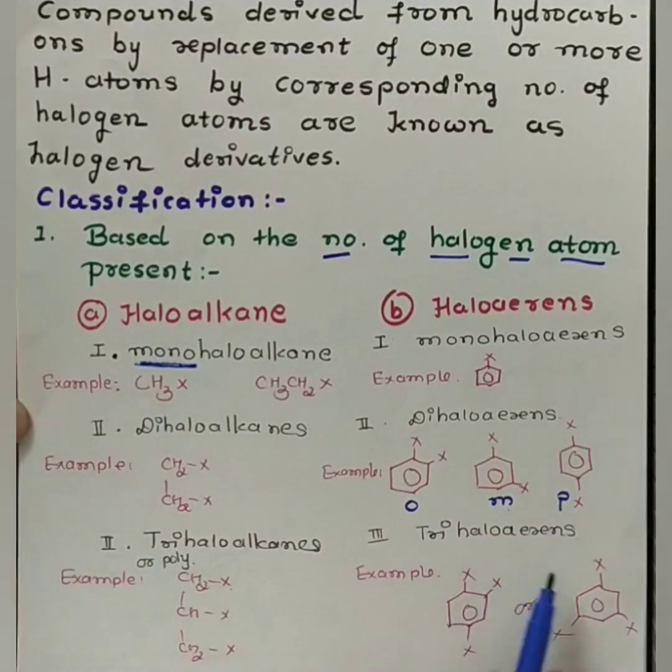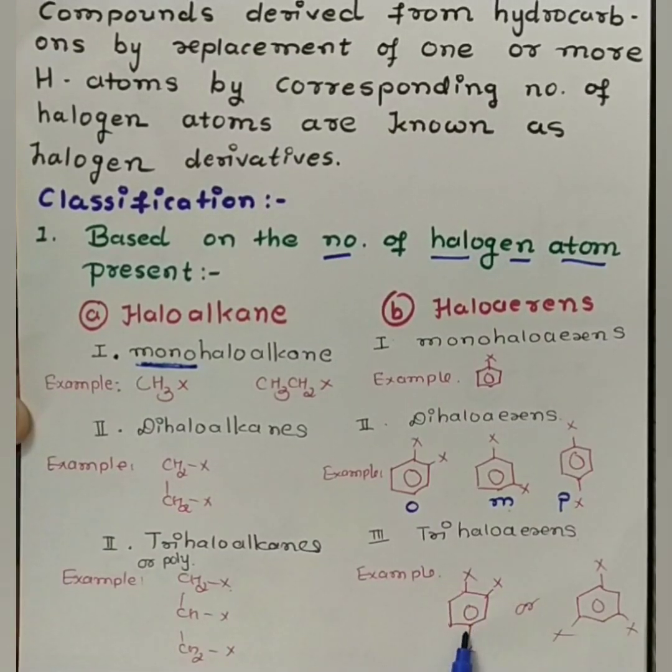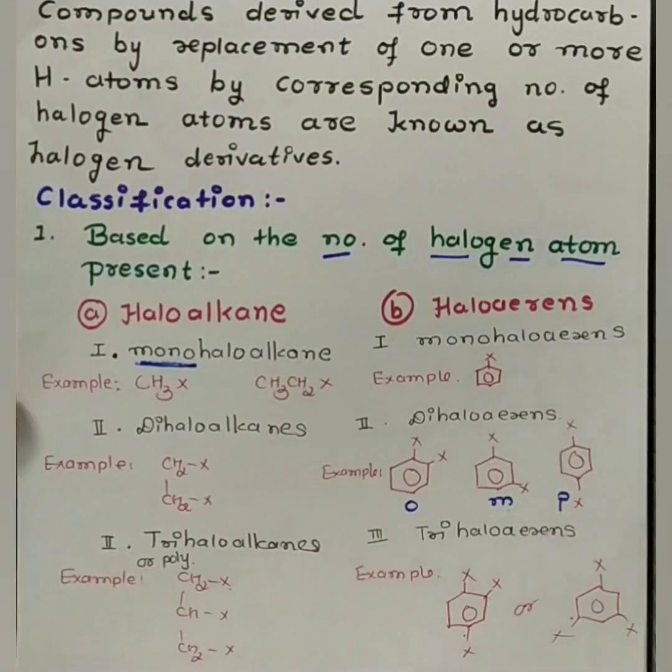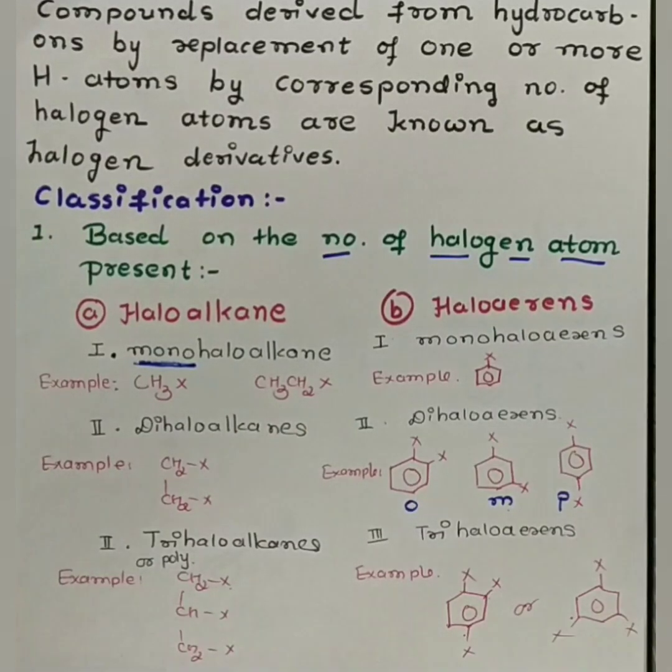Now, trihaloarenes: 1, 2, 4 position, 1, 3, 5 position, 2, 4, 6 position, any one. If 3 halogen atoms are present with the aromatic ring, then it is known as trihaloarenes, otherwise you can include it in polyhaloarenes.